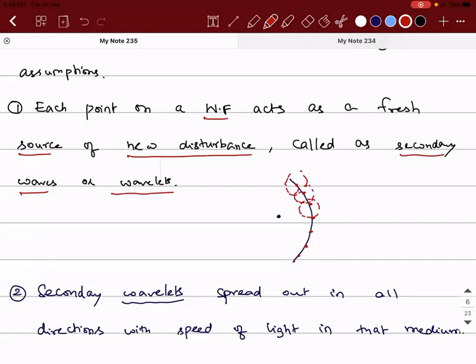Okay, they will start generating the wavefronts around them with themselves as the center. Then these wavefronts, which I have drawn in the dotted line format, are what are called as secondary waves or secondary wavelets. So try to understand. The first continuous line that I have drawn is a wavefront generated by the primary source. Now, each point on that wavefront acts as a secondary source for that particular wavelet to get generated.